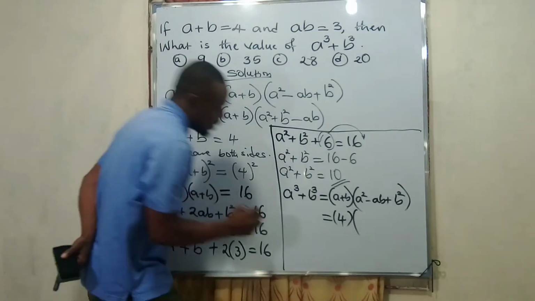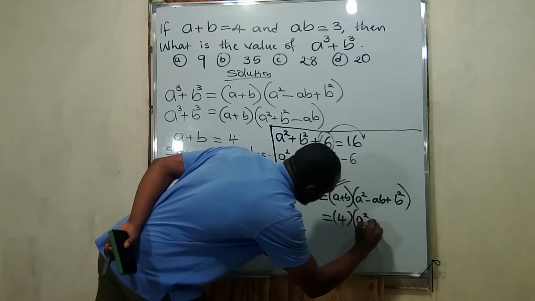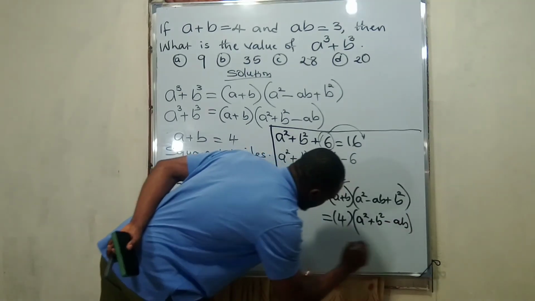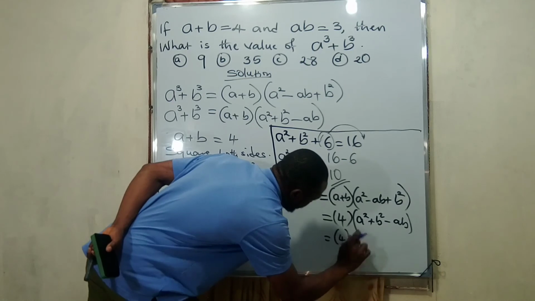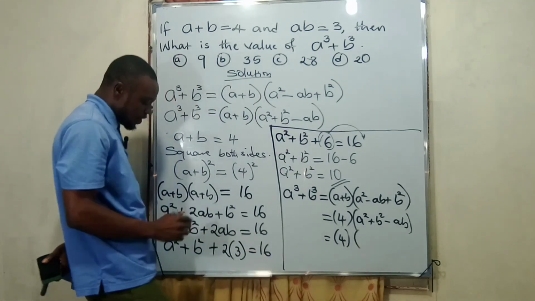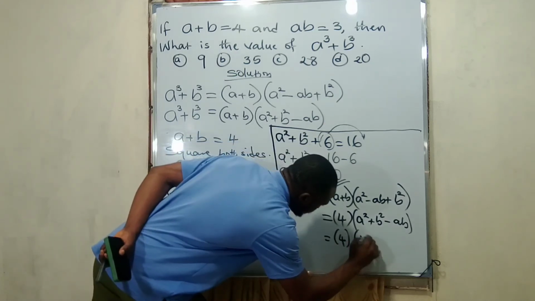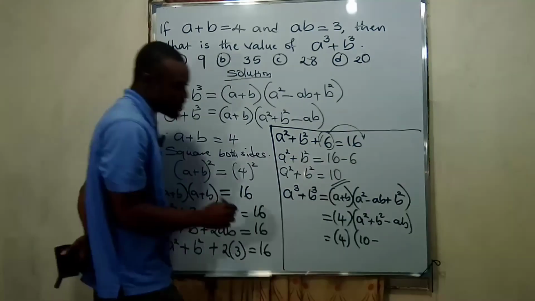Now, if we rearrange this particular bracket, it is a squared plus b squared minus ab, right? So this is equal to 4 open bracket, close bracket. Now a squared plus b squared is 10, so we have 10 here, and ab, that's a times b, is 3.